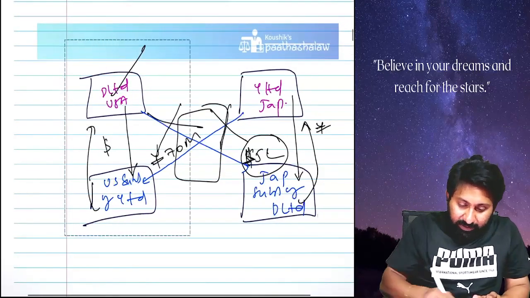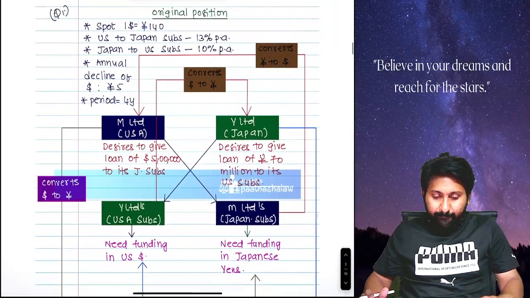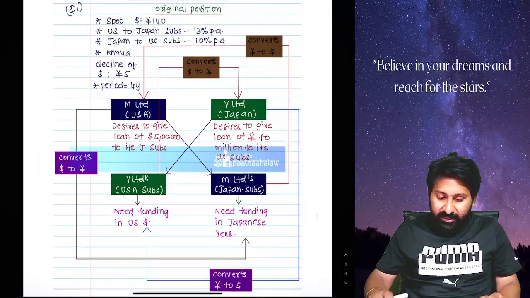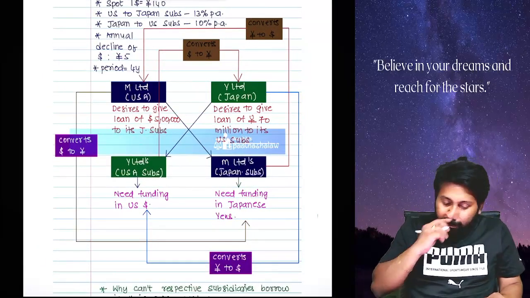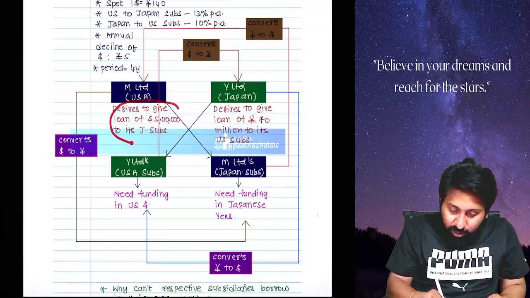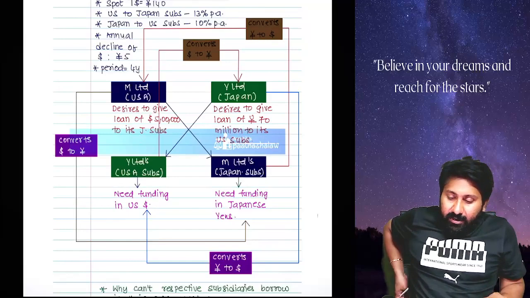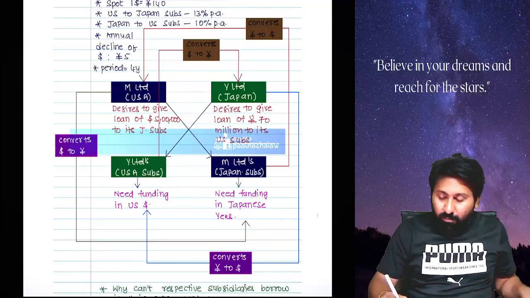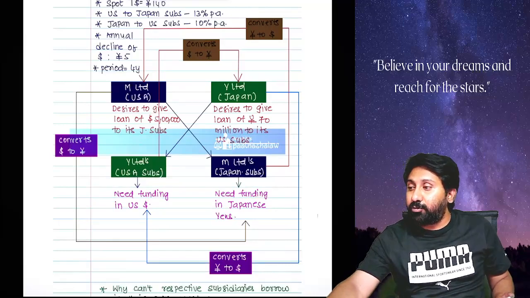To sum up the entire transaction, see the diagram clearly. M Limited of USA decides to give a loan of $5 lakh to its Japanese subsidiary, and Y Limited of Japan decides to give a loan of 70 million yens to its US subsidiary.